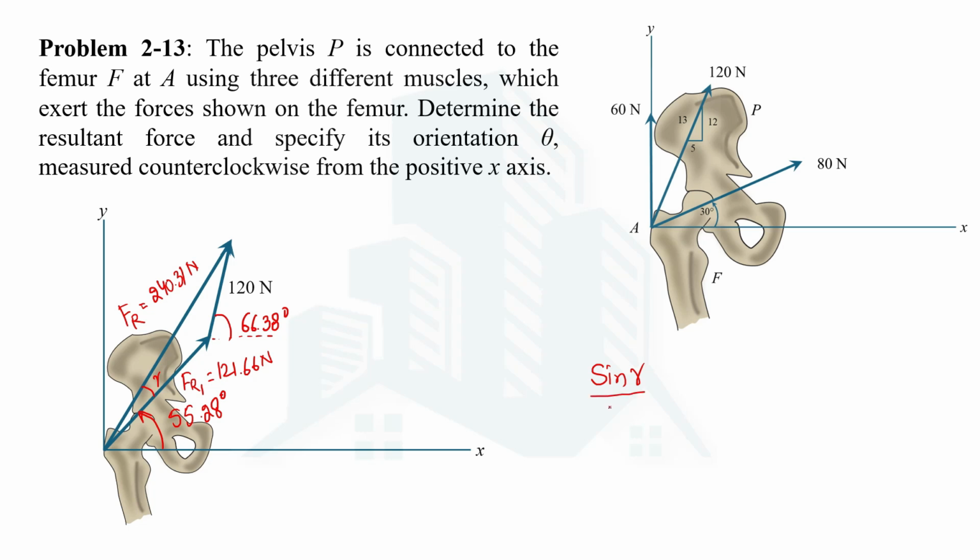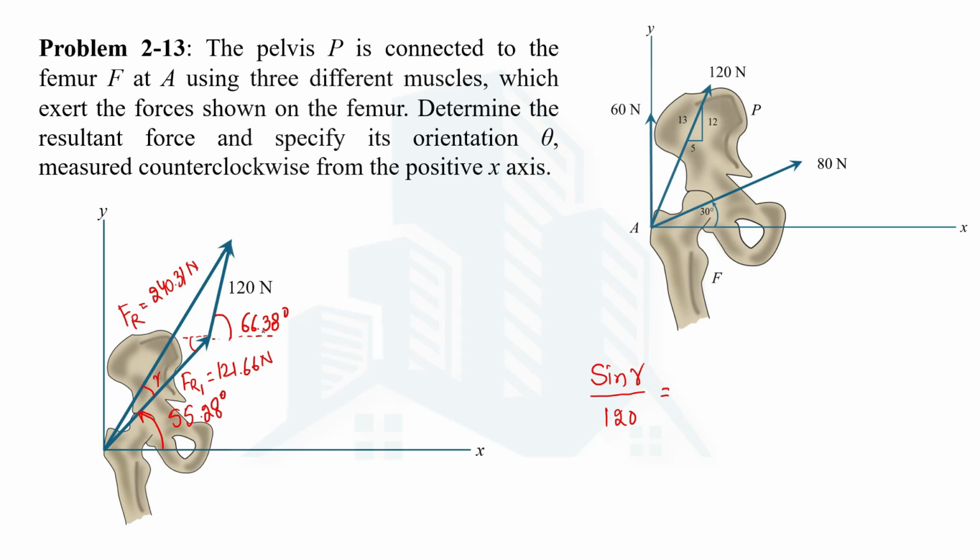So sine gamma divided by the magnitude of the opposite side, which is 120. Now, in this triangle, the only angle which we can determine is this angle. We need to do a bit of geometry here. If this angle is 55.28, this opposite angle will also be 55.28, because there are two parallel lines and a third line cutting, so opposite angles would be the same. So this will also be 55.28. And this total angle from here to here will be 180.